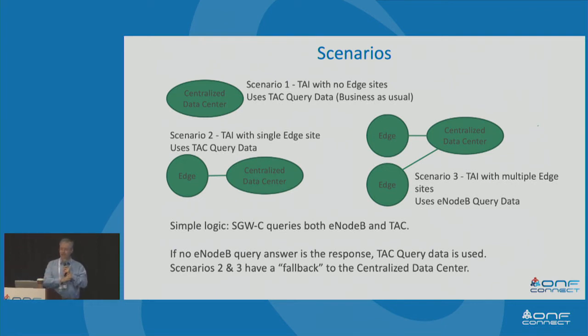So once again, we're always defaulting, from an operations point of view, back to that centralized data center in the event that anything is currently unavailable at the edge. Now, the good news is, every individual query is basically fully compliant with 3GPP. It just happens to be that rather than saying do one or the other, we are saying please do both, and then handle it in the processing.